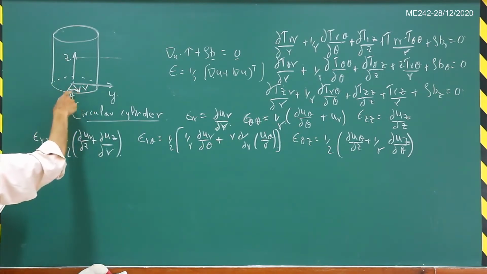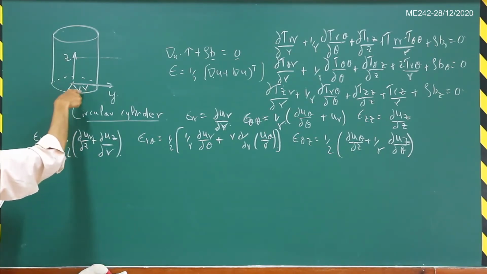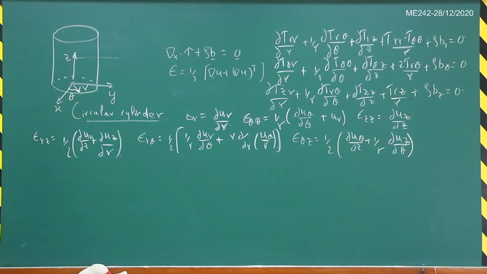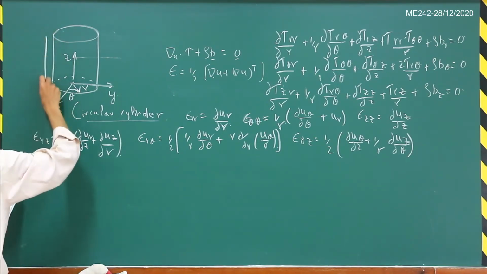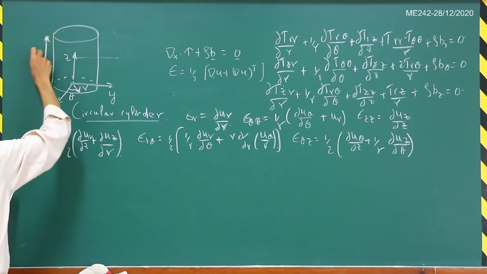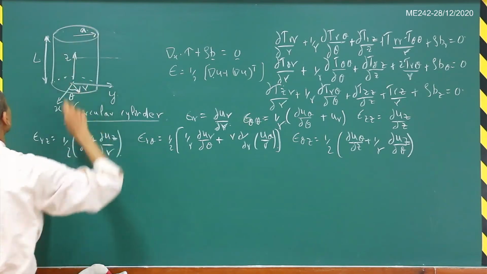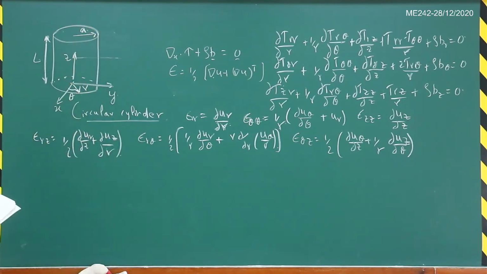This R is the radial position of any point. Then theta is the angle made by this position vector with respect to the X axis. And the Z axis is along the axis of the circular cylinder. Let us take the length to be L and the radius of the circular cylinder to be K. So this is the coordinate system that we are going to use to verify our solution.